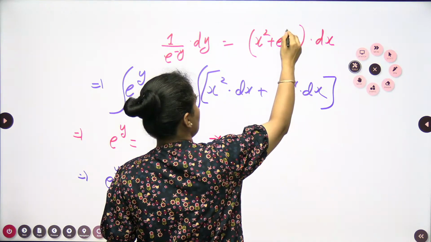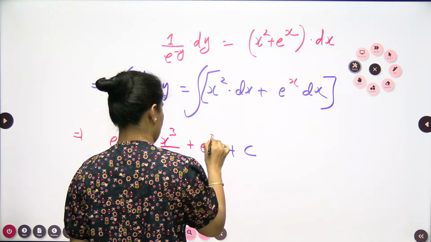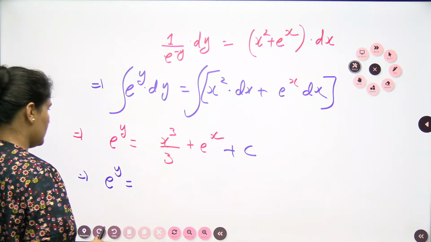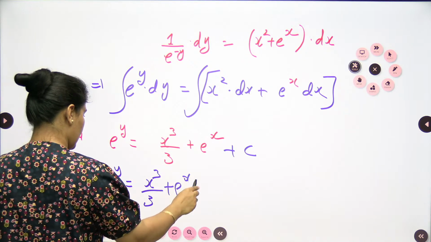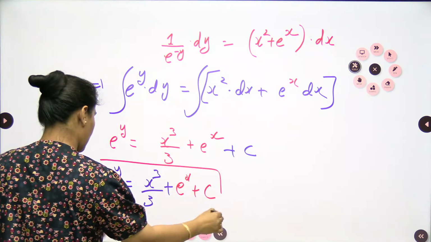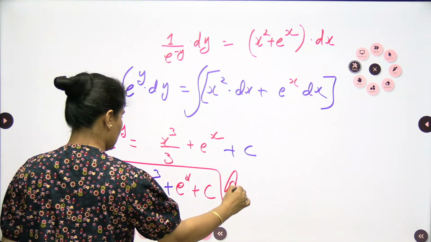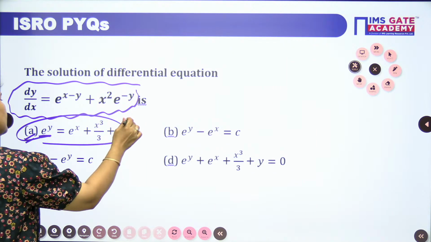In the question we don't have a minus x, we are having only plus. This is plus x. So now my result will be x cube by 3 plus e power x plus c. This is the only answer I am having in option A for Ahmedabad.